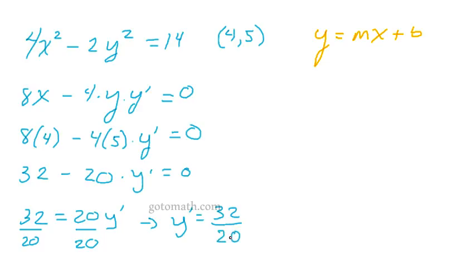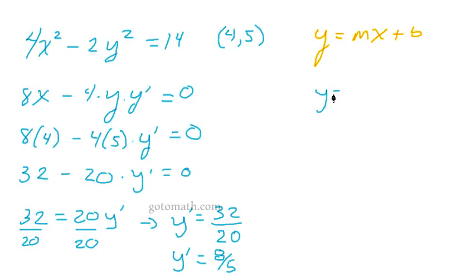Of course, we're going to want to simplify this down. 4 goes into 32 8 times, right? And 4 goes into 20 five times. So we end up with 8/5.